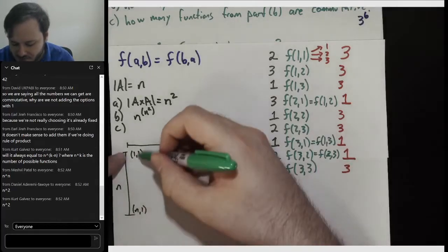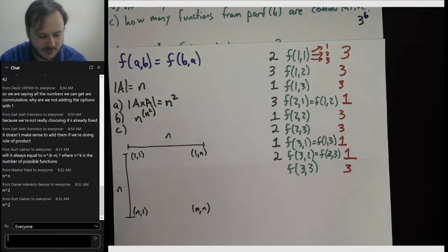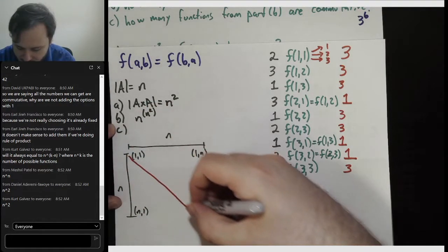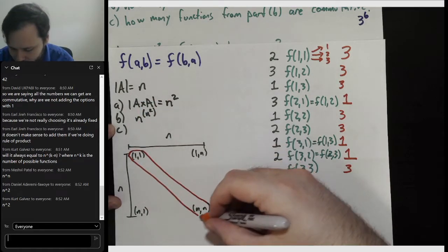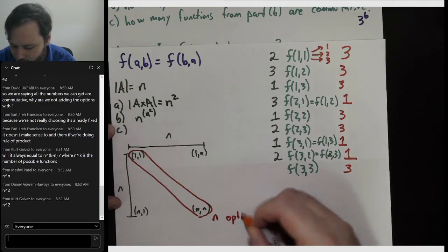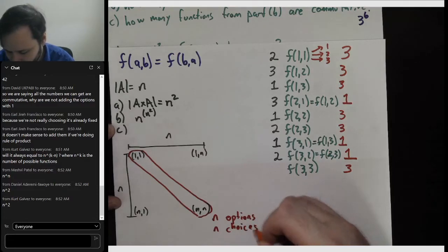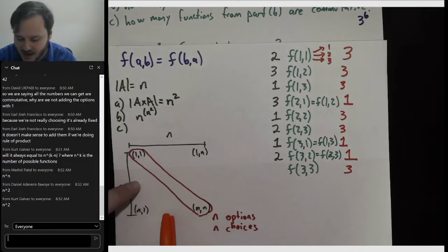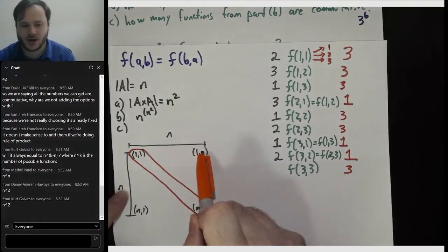I always get free choices along the diagonal. Along the diagonal, I don't have to worry about commutativity. So there's always n options with n choices. And then anything below the diagonal has a matching pair above the diagonal where I just swap the order.